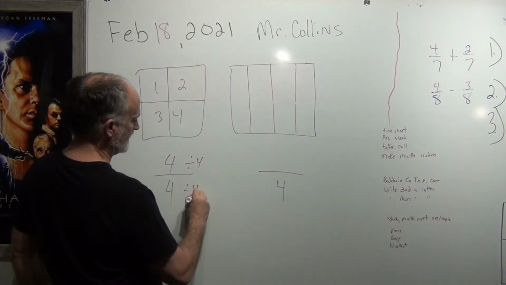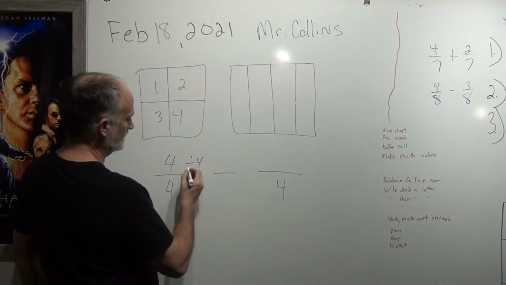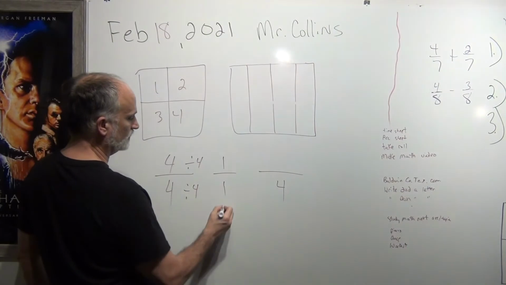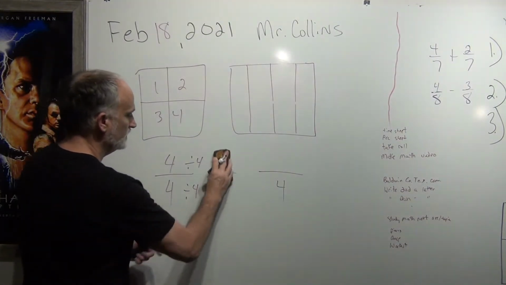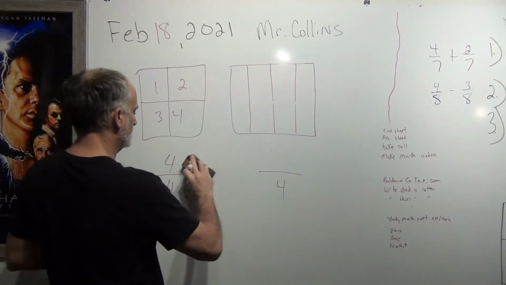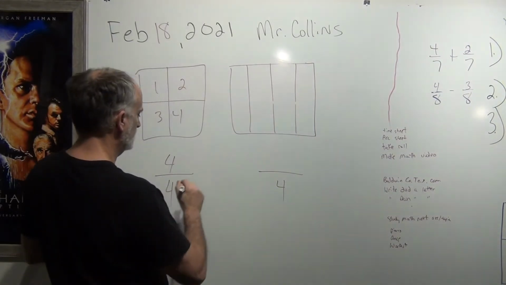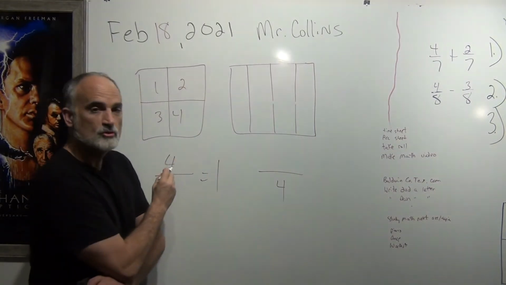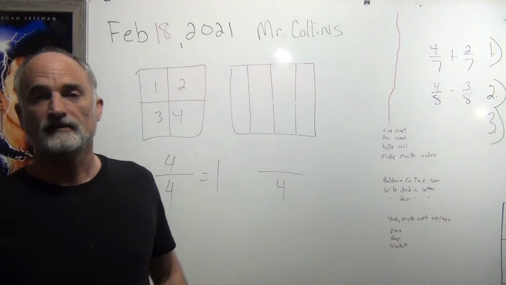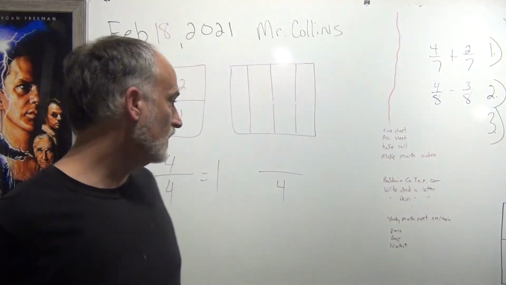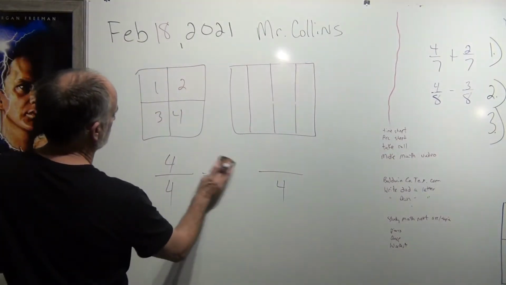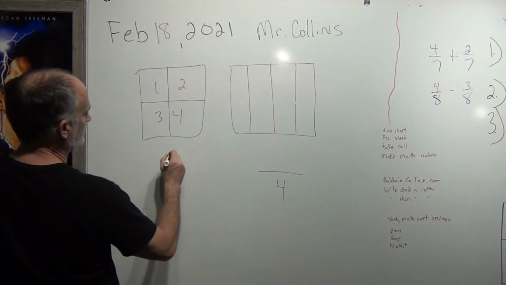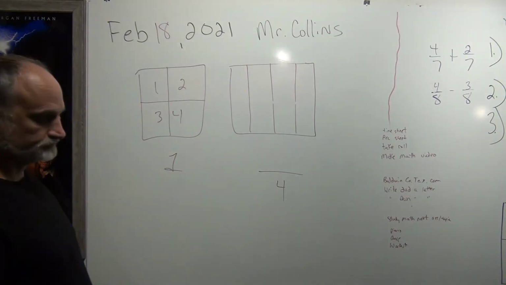Do we divide by 4 on both of them? What are we going to get? 4 going into 4 one time, 4 going into 4 one time, 1/1. Instead of writing it like that, why don't we just say any numerator and denominator that's the same equals 1, okay? So, that equals 1, okay?